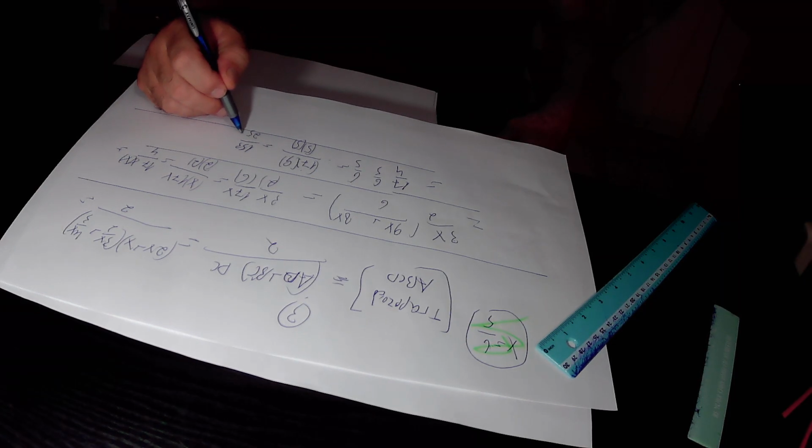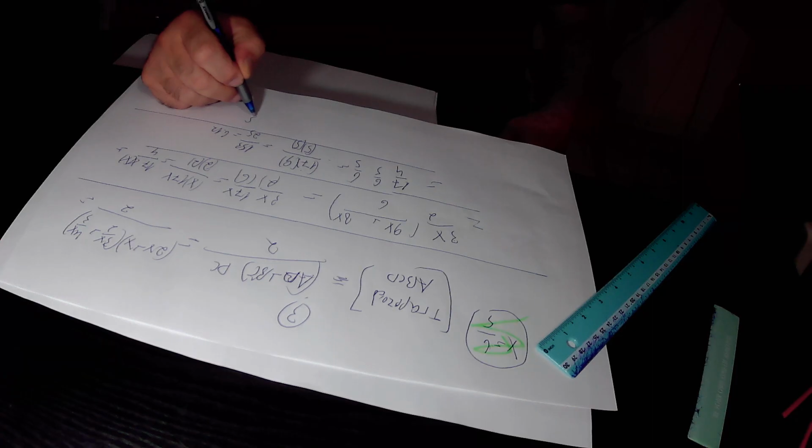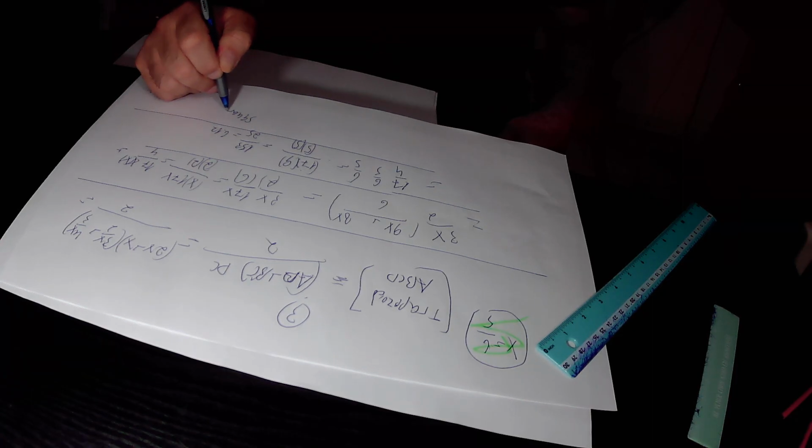And 153 over 25 is equal to 6.12 square meters. And that is the answer to the question.